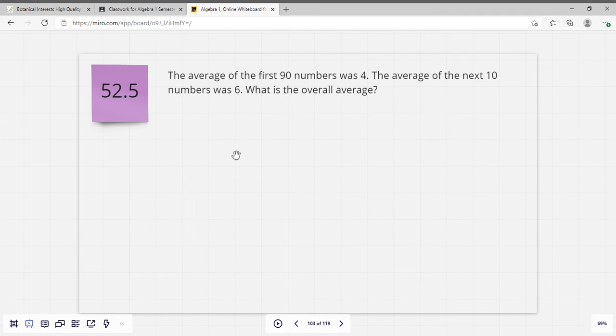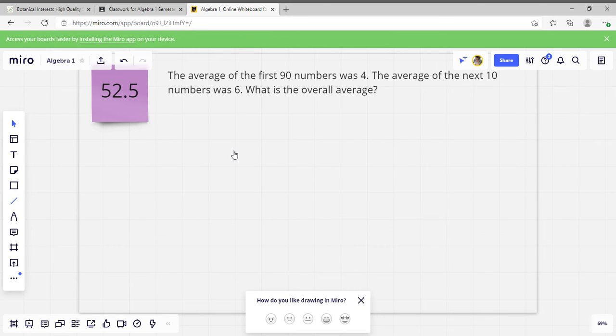All right, overall average. The average of the first 90 numbers was 4. Okay, so that means we had a whole pile of numbers, 90 numbers, and their average is 4. The next 10 numbers, average was 6.